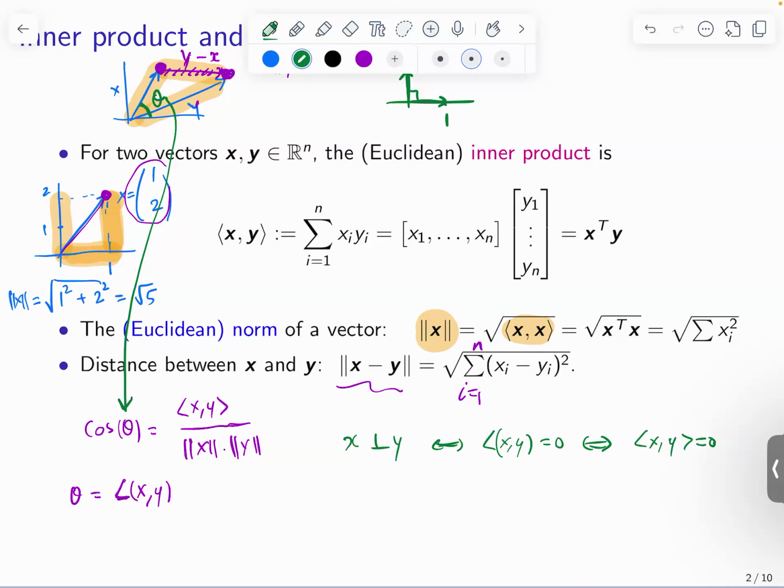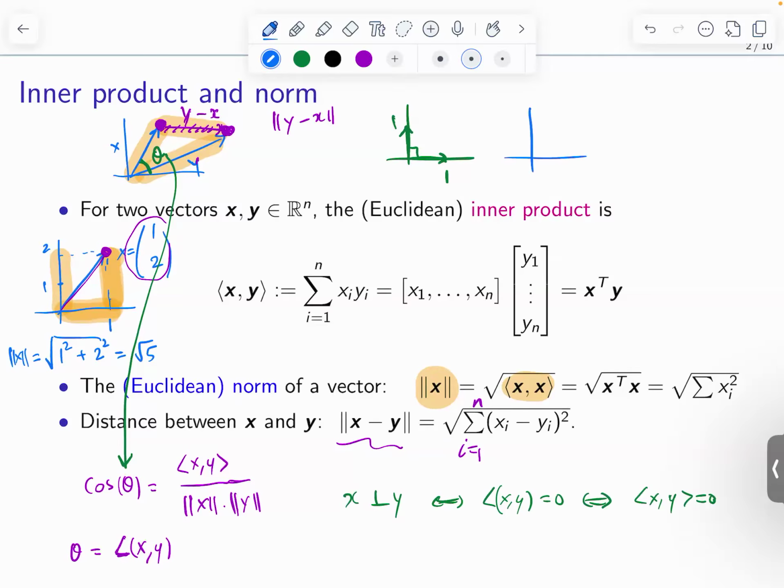So two vectors are orthogonal if the inner product is 0. It doesn't matter how large they are. For example, this one is also going to be orthogonal to anything in this direction. The length of the second one is different, but the direction is the same. So as long as it's 0.